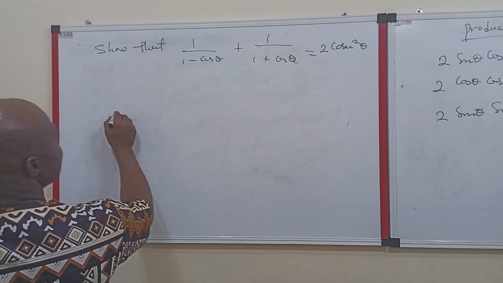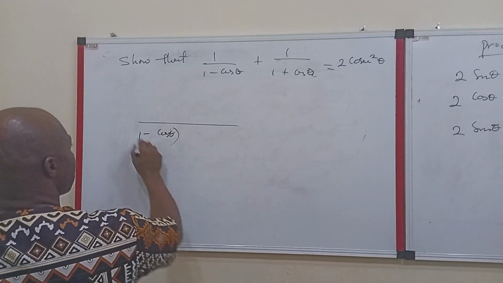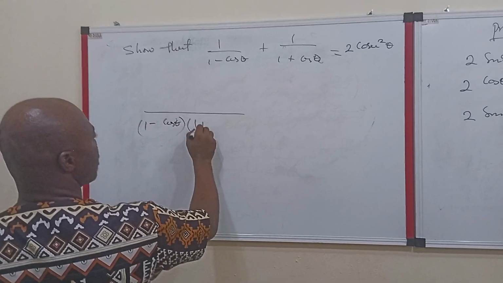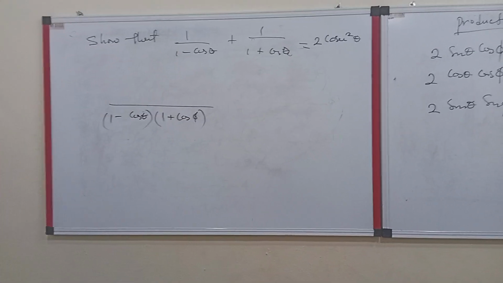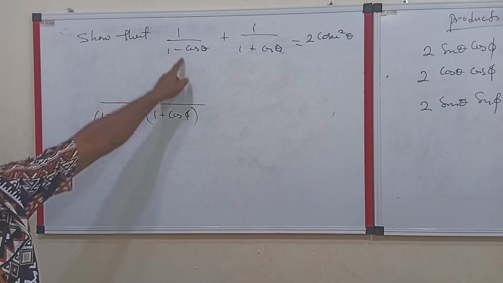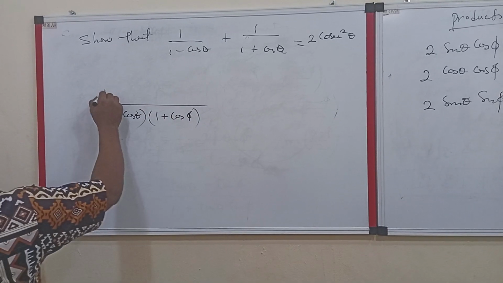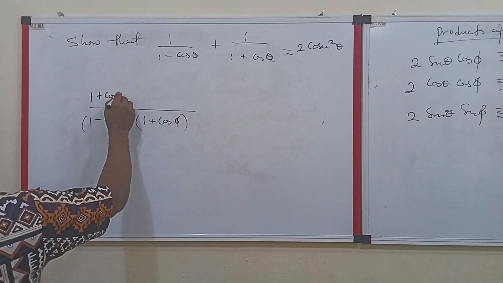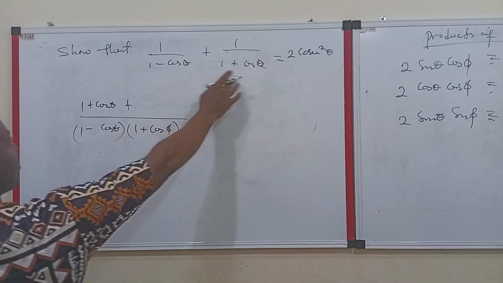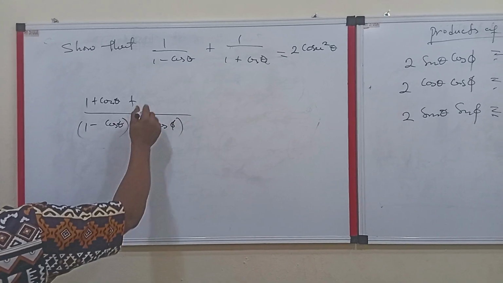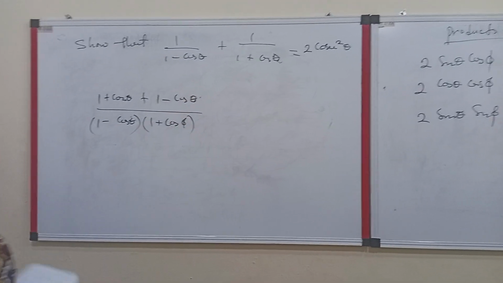And this you have (1 minus cos theta) into (1 plus cos theta). Now, this divided by this is left, so you bring this up so that you have 1 plus cos theta, then plus this divided by this, and you have 1 minus cos theta.